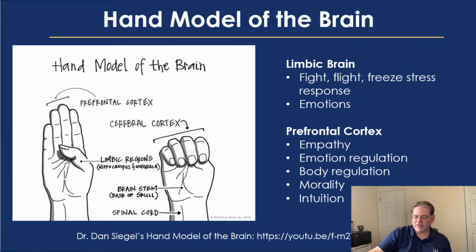So first off, let me talk about a model of the brain that really helps show why that happens. And this is something you can absolutely do with your students. Okay, so let's go ahead and hold our hands up and try this model of the brain. I can't hold you accountable that you're actually doing this, but if you want to do it along with me, it makes some sense. You can use this to show the different parts of the brain to your students.